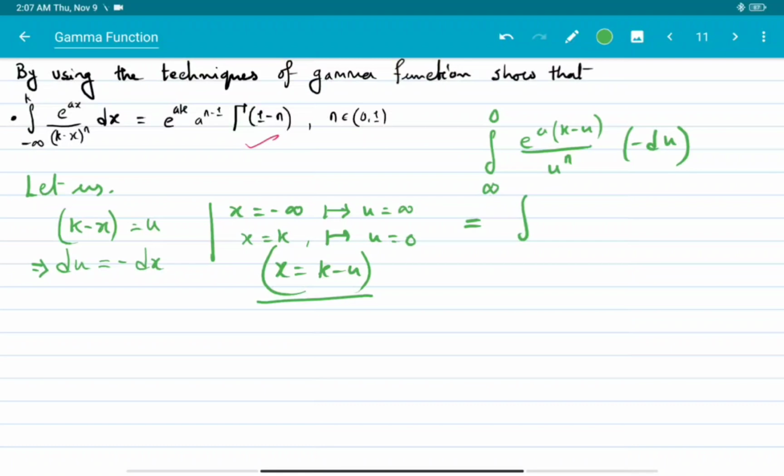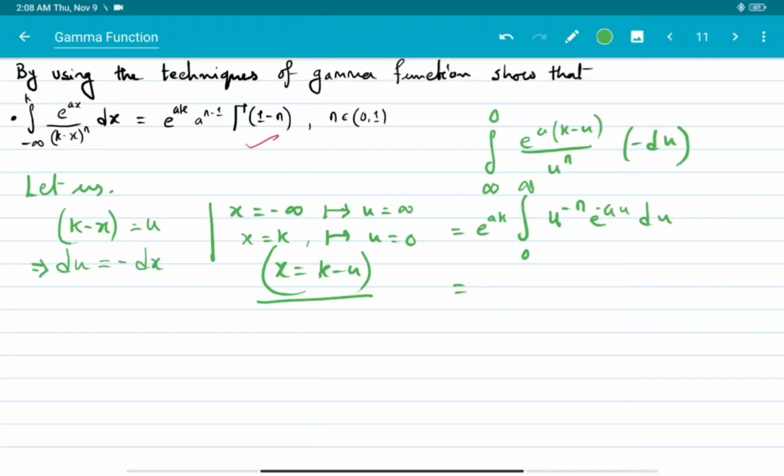This is infinity to 0, the minus terms cancel out, and e to the power a times k will be outside of the integral, and this is u to the power minus n, and e to the power minus a times u du.